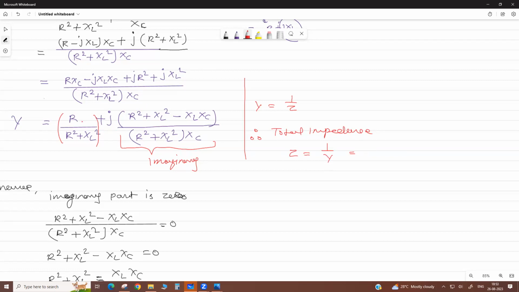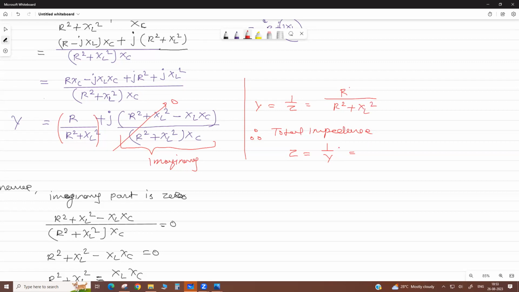Actually, at resonance this is 0, so only this portion remains. So Y equals 1 by the inverse of this. It becomes Y, that is R by R square plus XL square.